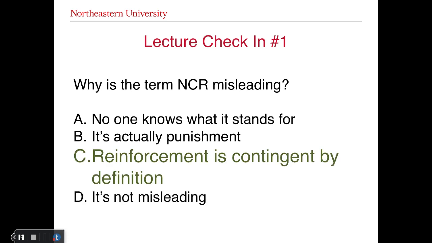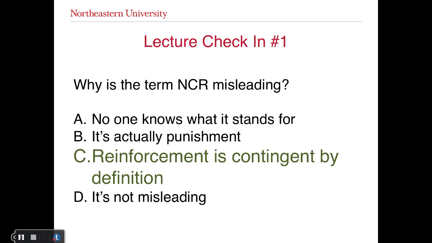I hope everybody picked C. So I kind of basically used the exact words: non-contingent reinforcement is misleading because reinforcement by definition is contingent. In order for behavior to increase based on reinforcement, the stimulus change occurs contingent on responding.